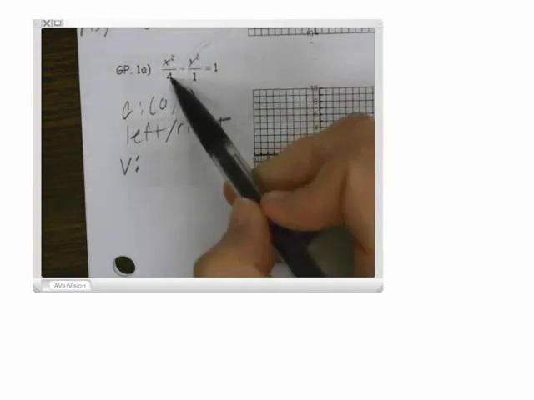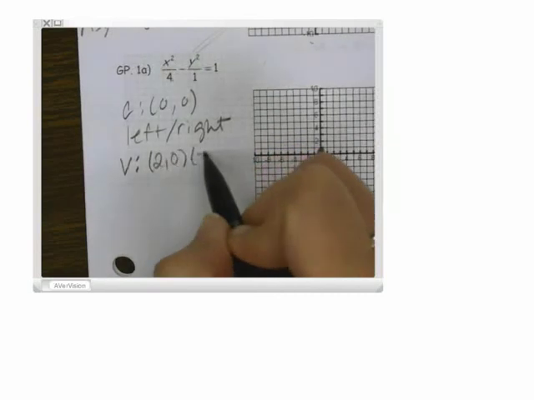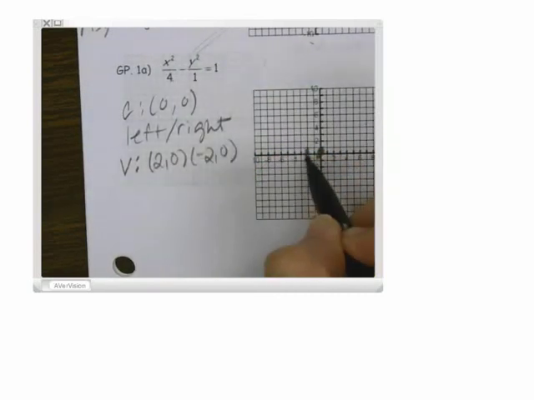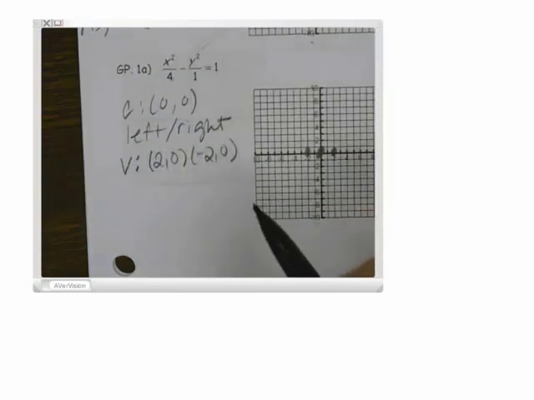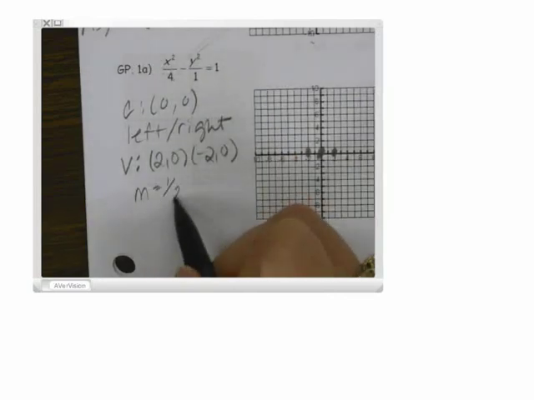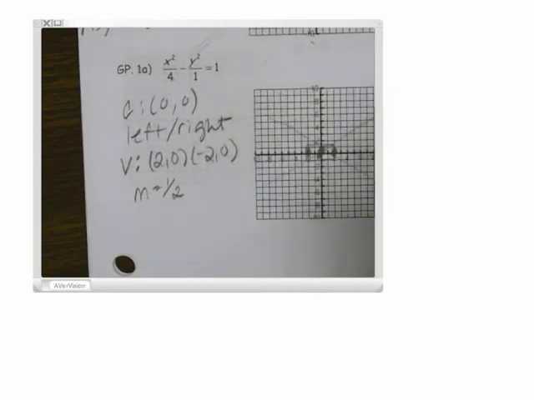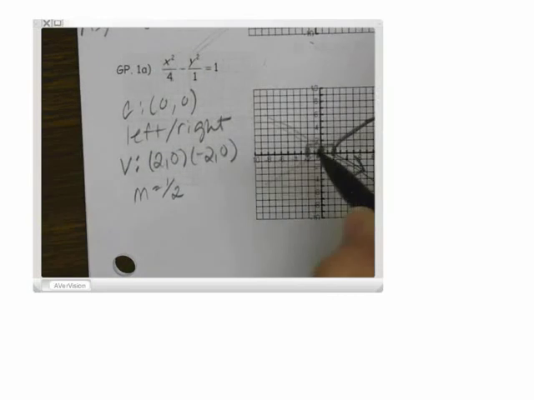Two units, left, right. What is the slope of your asymptotes? Rise over run, up 1 over 2. The height of your box is 1. Tiny, tiny little rectangle right here with very narrow diagonals, making this a very narrow hyperbola.